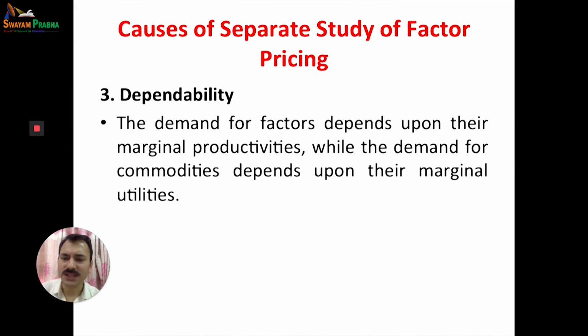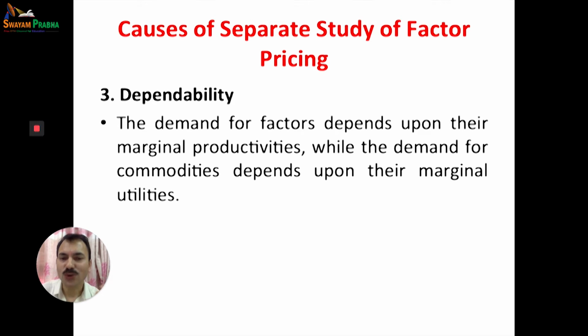Now, dependability. The demand for factors depends upon their marginal productivities. It's very important. The demand for factors depends upon their marginal productivities, while the demand for commodities depends upon their marginal utility.